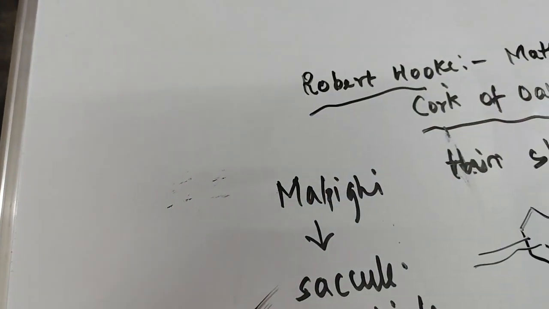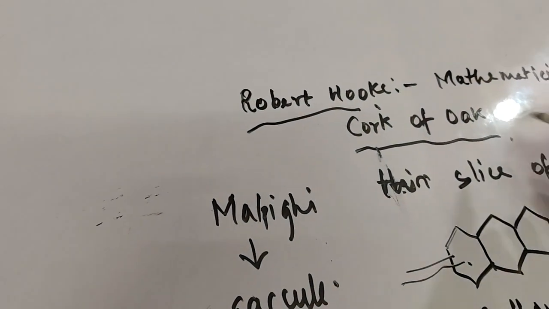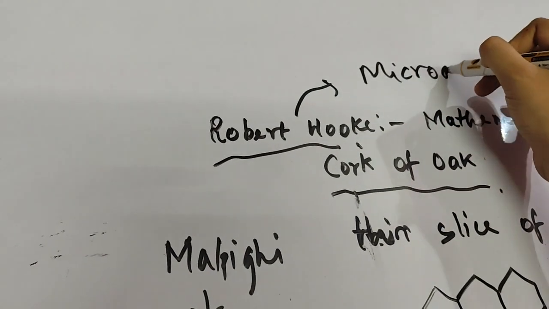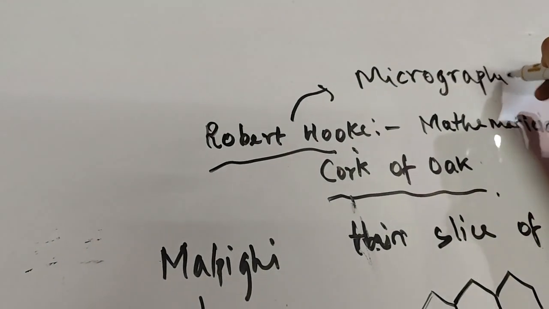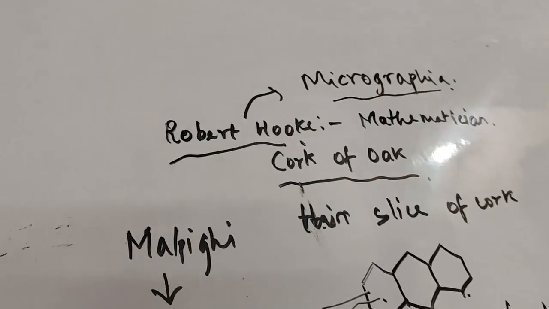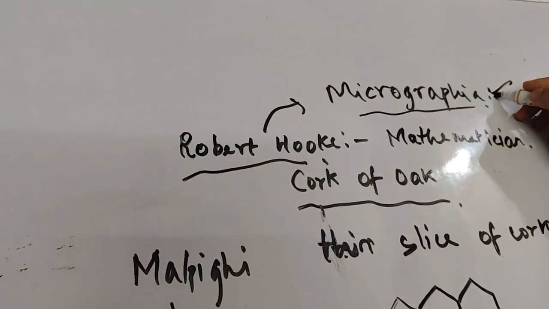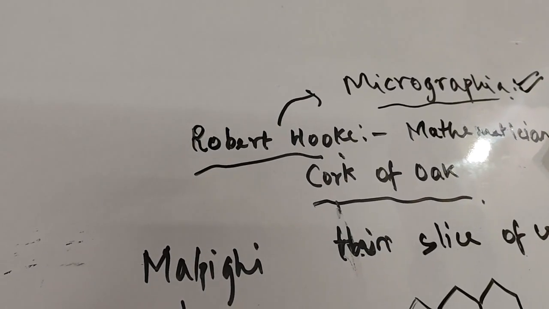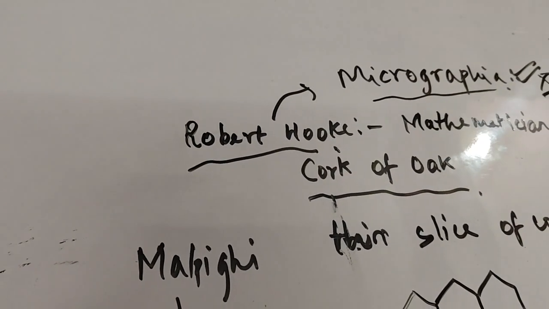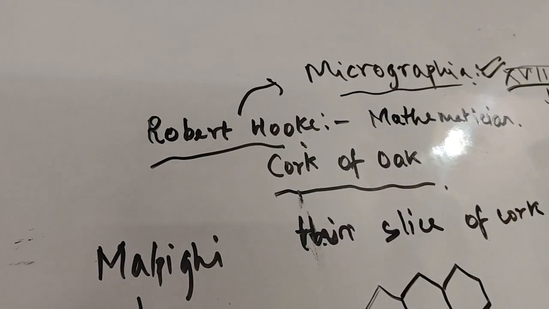It is important. One more thing, Robert Hooke wrote a book named Micrographia. It is important for exam, so remember it. In the 18th chapter of this book he wrote about cell.